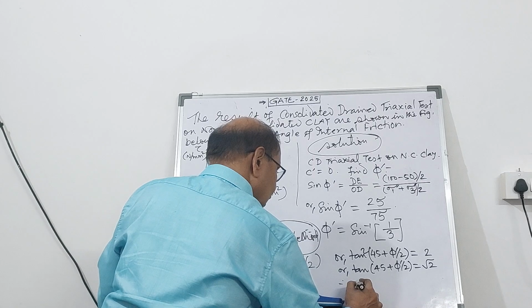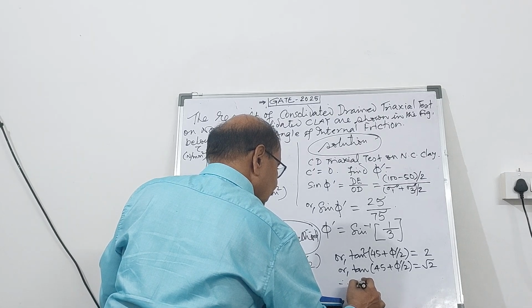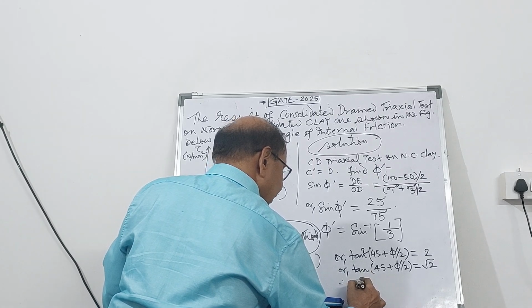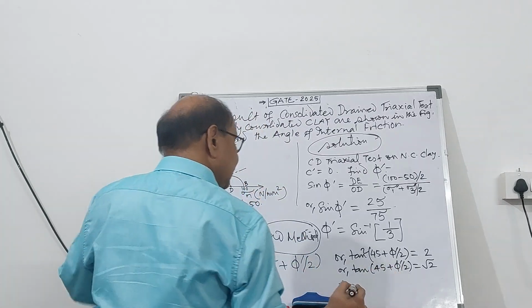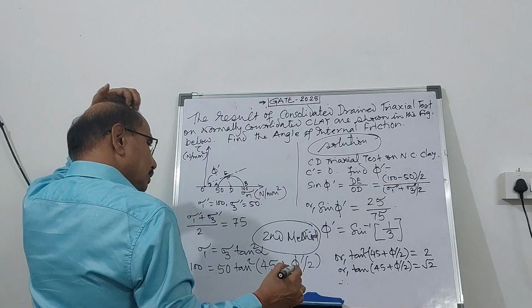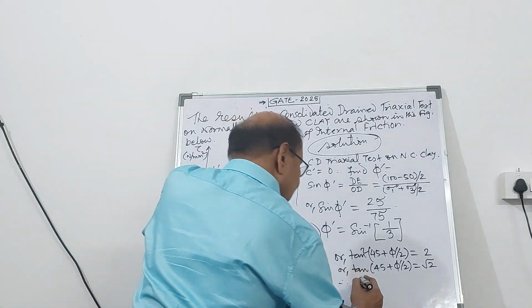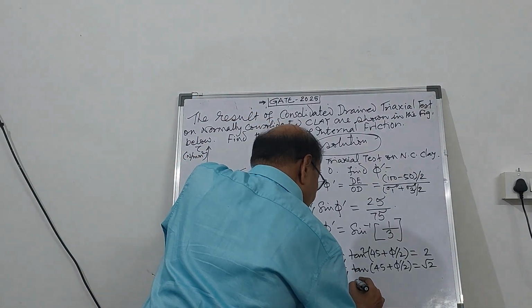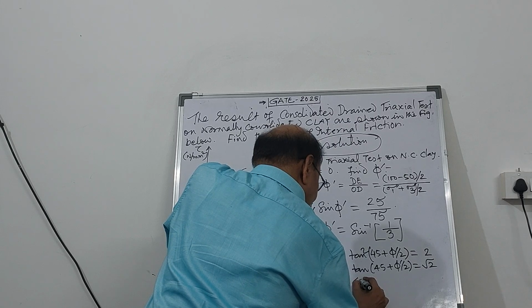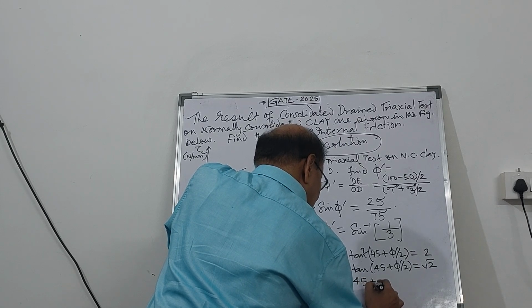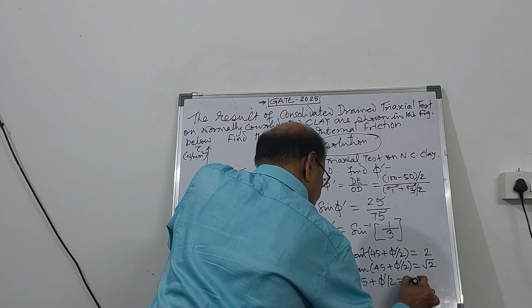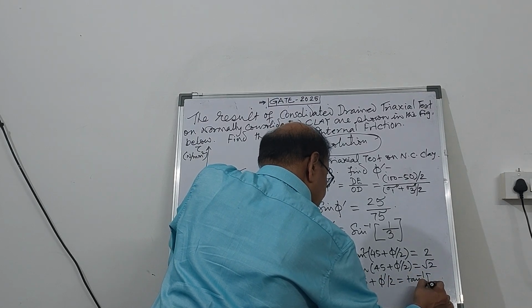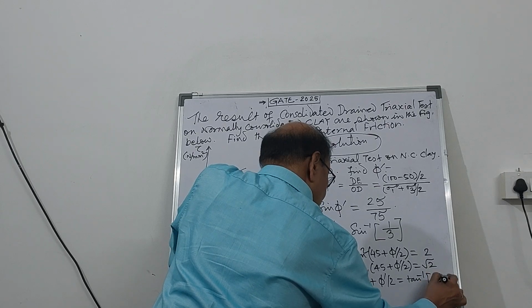Therefore, you can find out the value of phi prime, the angle of internal friction, quite easily. So, this is the second method. So, it will be 45 plus phi prime by 2 equal to tan inverse under root 2.